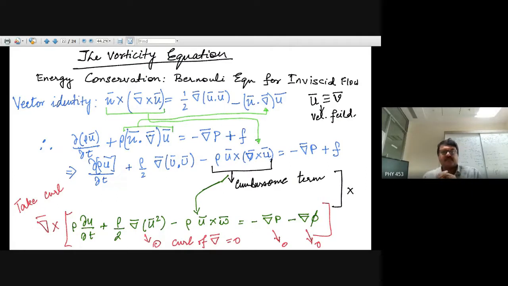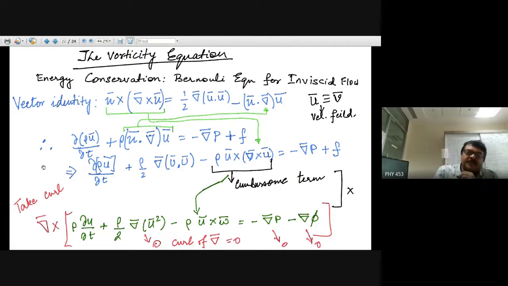So the last point which I want to make is this: you saw this equation, and this term was replaced using a vector identity by a combination of these two terms. I have exactly copied it from the previous slide.